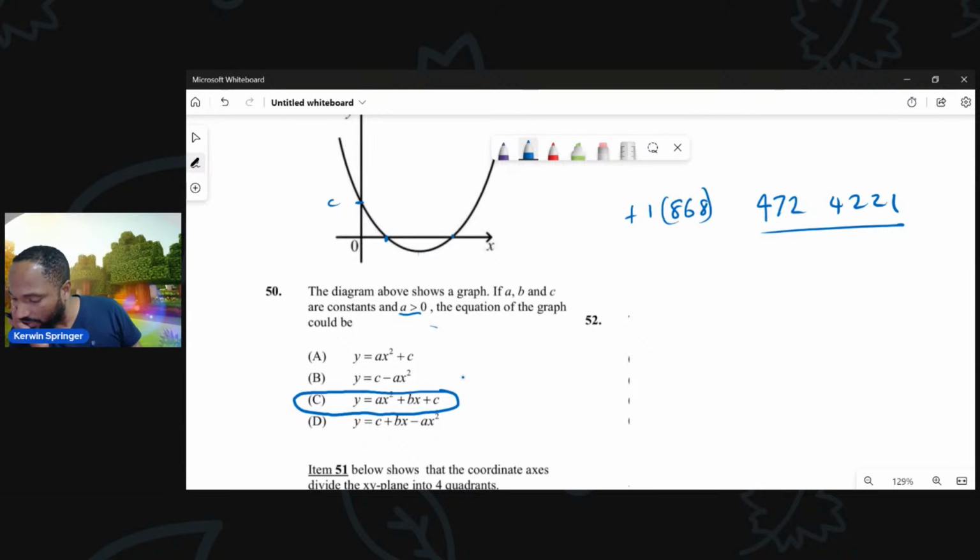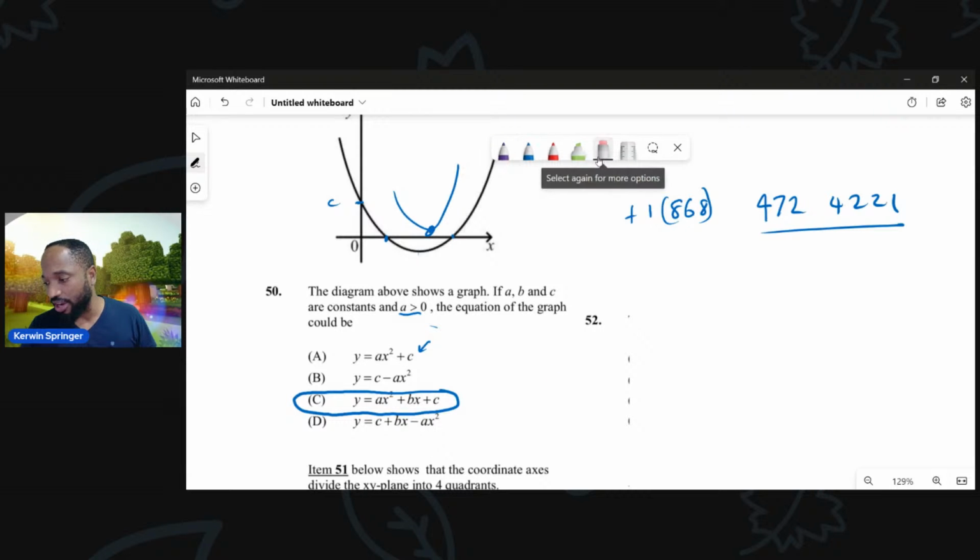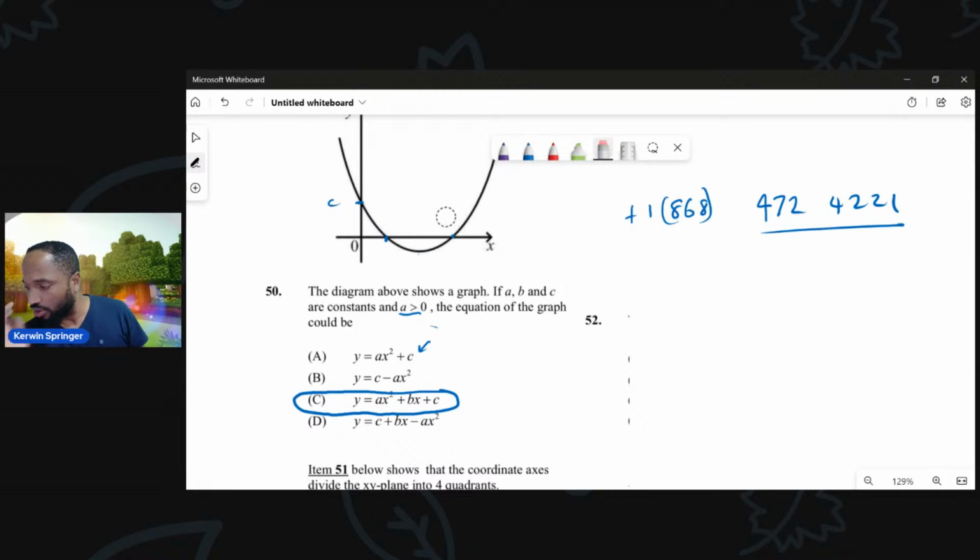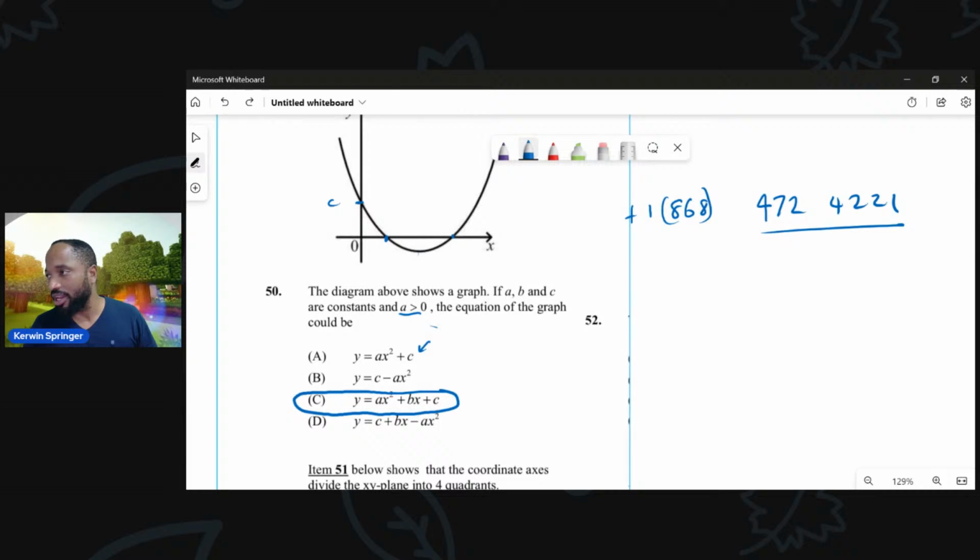So it's y equals ax squared plus bx plus c. There is a bx involved, because if it was a difference of two squares, you'd get one root negative and one root positive. So it's C. Just trust me on that one now.